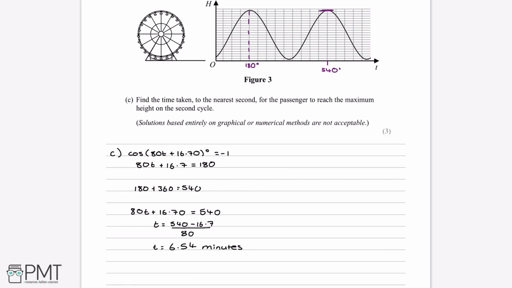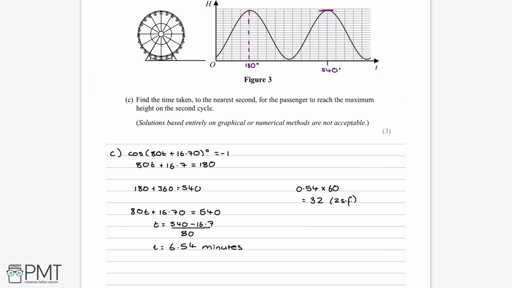So we have to do a side calculation, which is: what is 0.54 of a minute? 0.54 of a minute, where a minute is 60 seconds, is equal to 32 to two significant figures, because seconds can only go to two significant figures.